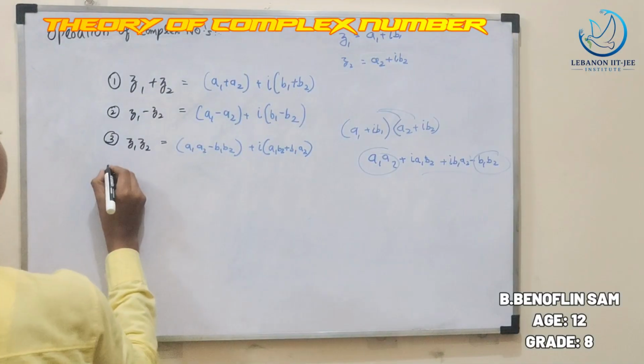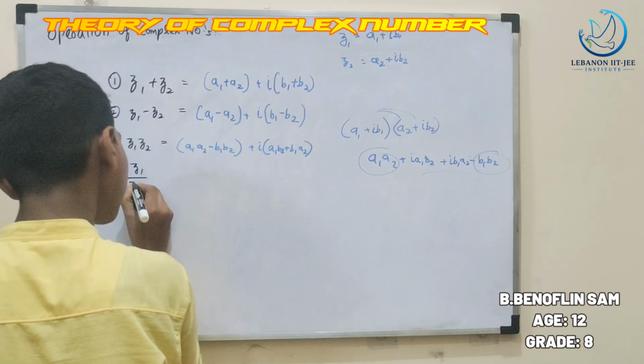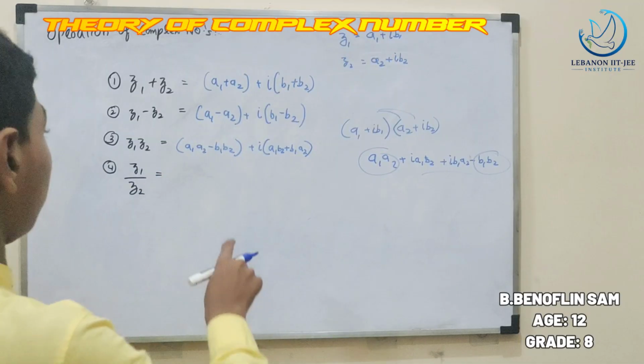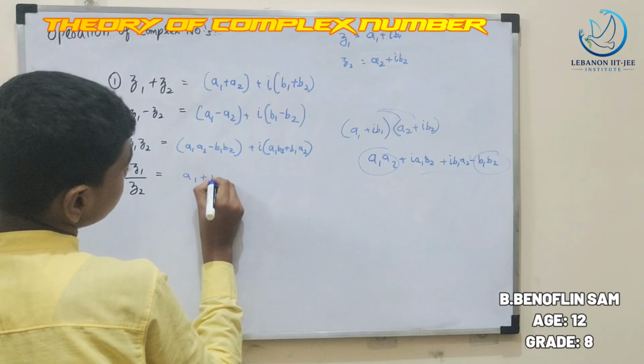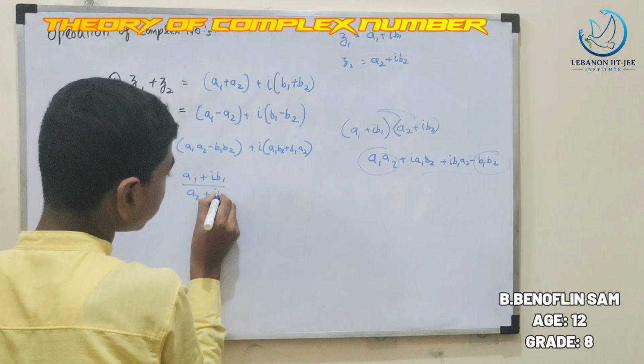The fourth one is z1 by z2, which is a1 plus iota b1 by a2 plus iota b2.